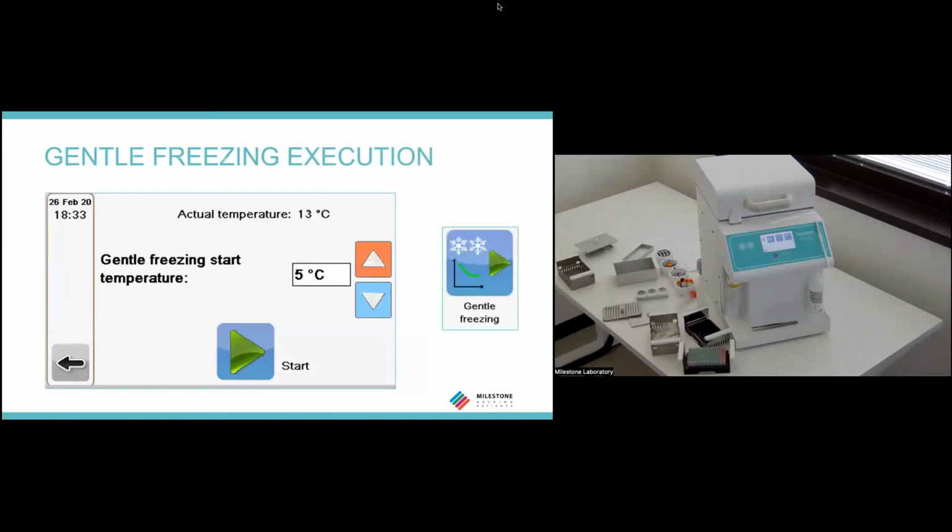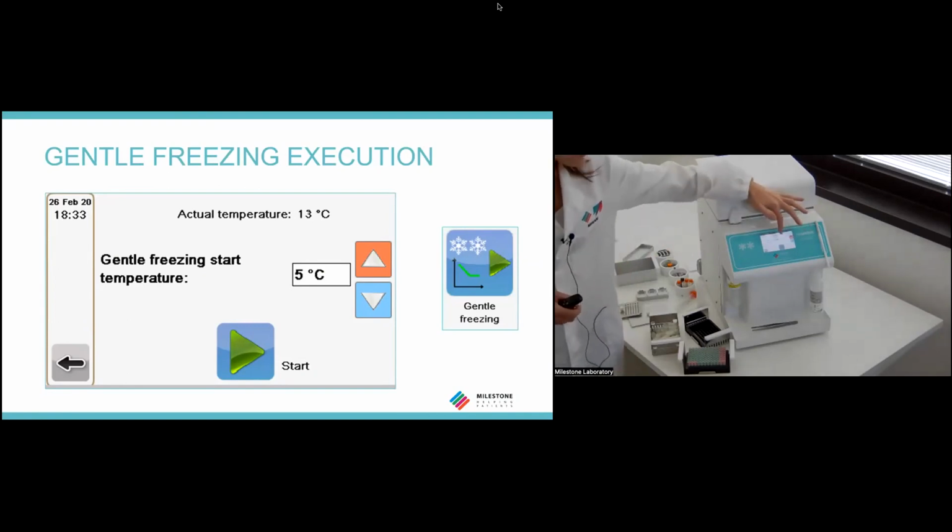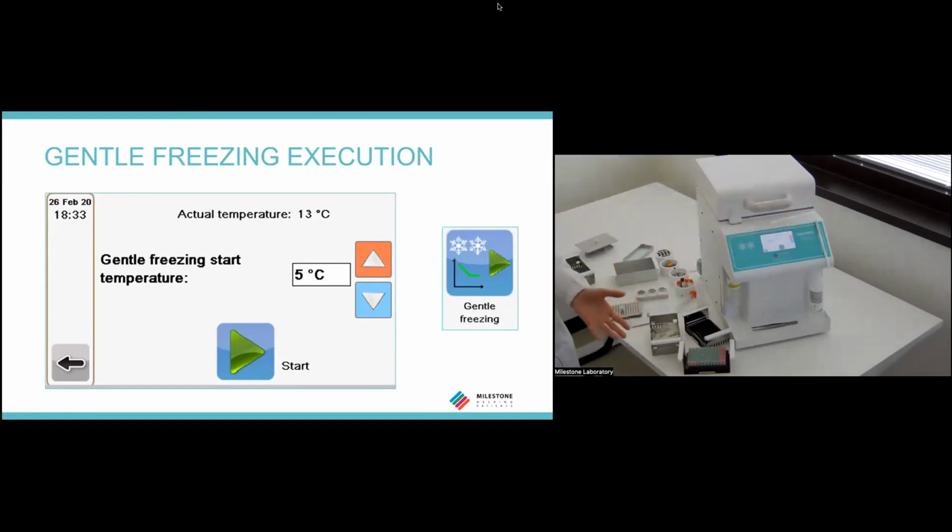So now I want to show how easy and smooth it is to execute a gentle freezing. First thing, you need to start the procedure. And at this point, it is possible to decide the starting temperature. It depends on the temperature of the sample. So if your samples are on ice, it's better to set up a starting temperature around 0 degrees. If the samples are at room temperature, it is better to set up a temperature between 20 and 25 degrees.